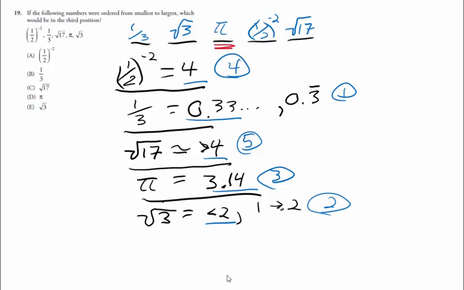So notice that we didn't need to actually calculate these, as long as we can estimate. This one's bigger than this one, especially in the case of these two, where we need to know that the square root of 17 is bigger than 1/2 to the negative 2.